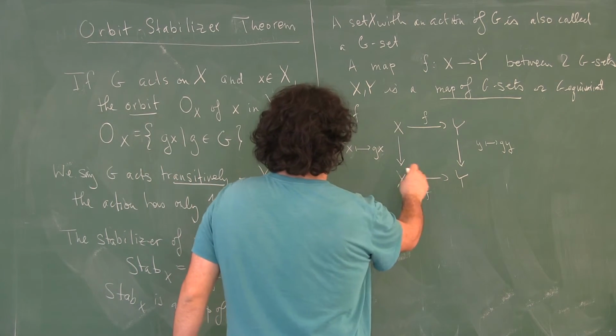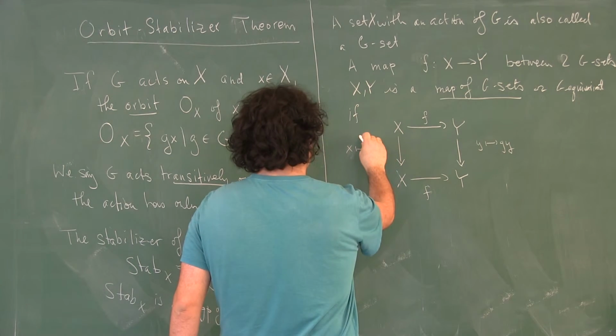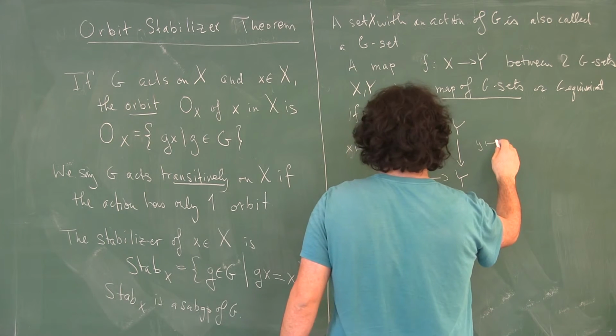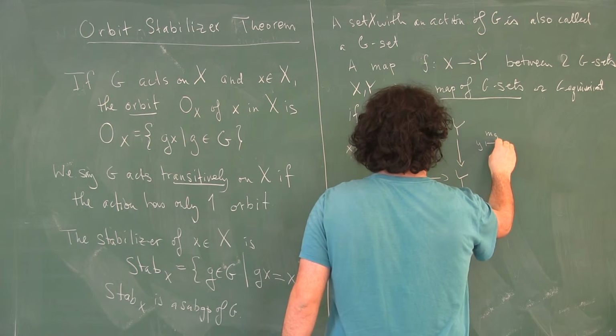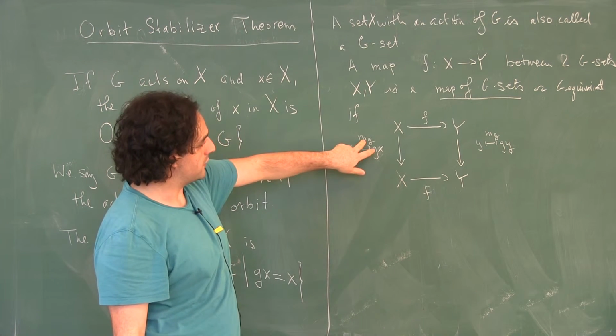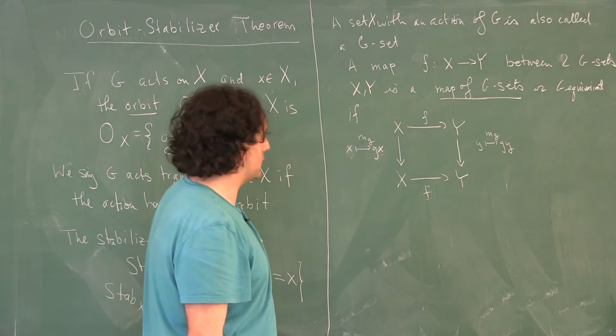In other words, if I call this map here multiplication by g, and I call this map here, well, we can also call it multiplication by g, but we should make sure to understand that here this is multiplication with respect to the first action, and here with respect to the second action.